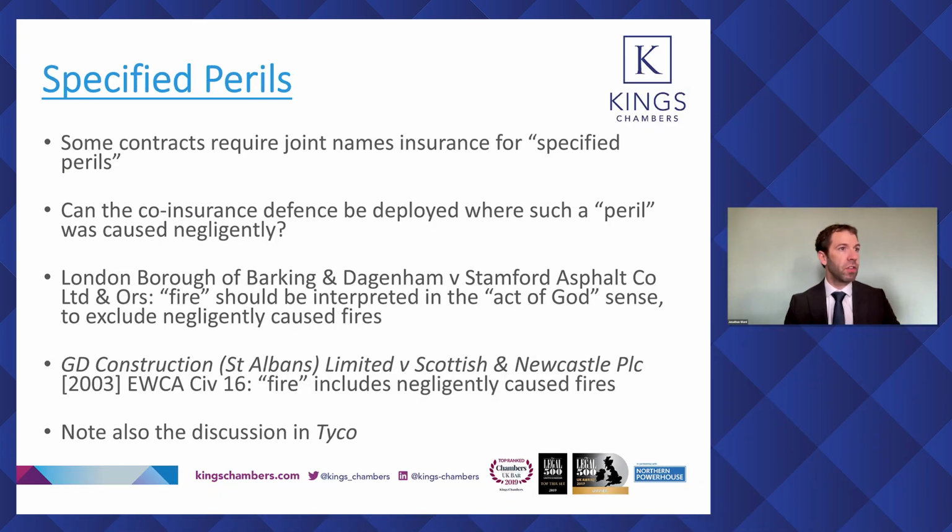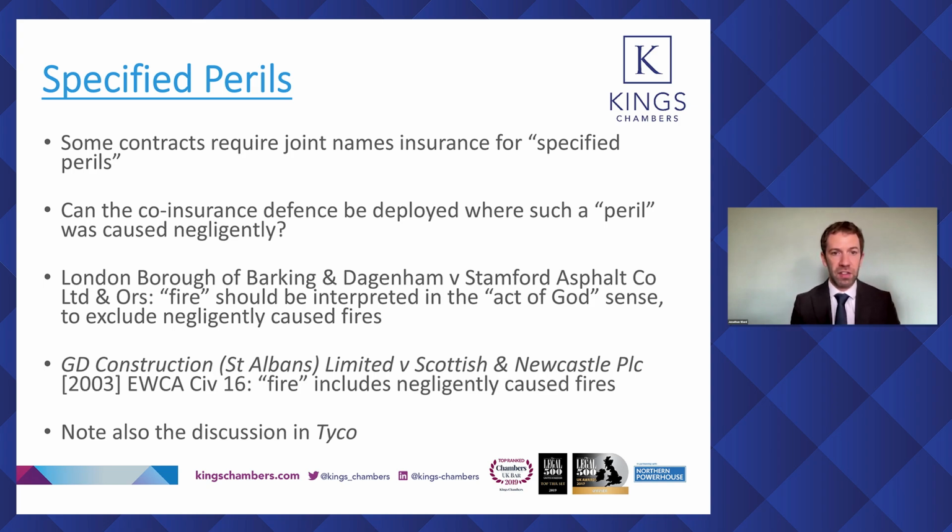The next point I thought was worth a look was the question of specified perils that I alluded to earlier. There are some contracts, the JCT suite, for example, will often require a joint names policy in respect of damage caused by, quote, specified perils, the things like earthquake, lightning, fire.